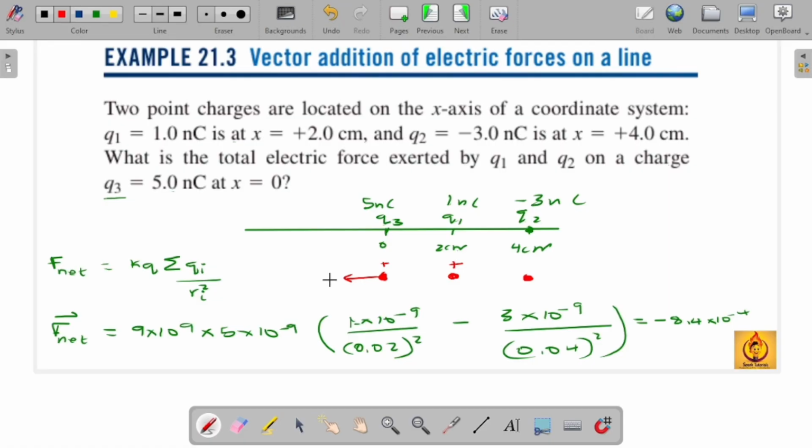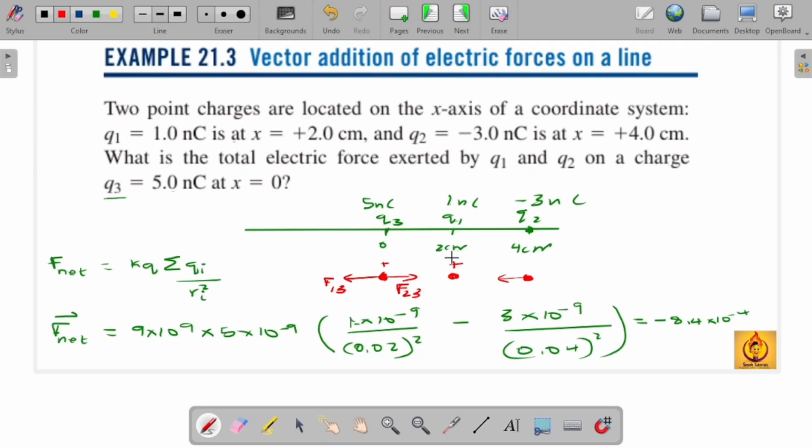This is going to be your F1 on 3. It is pushing it to the left. But because this one is negative, it is going to be attracted to it, right? So it's going to pull it towards itself. That's going to be F2 on 3.